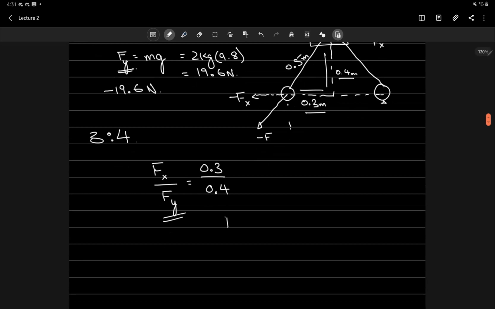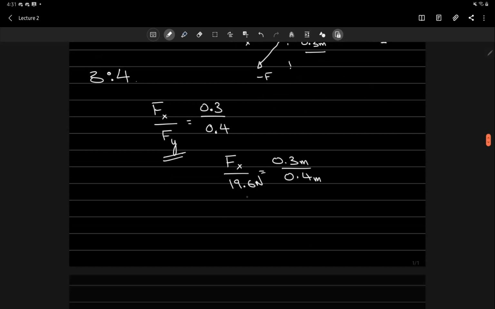So I'll substitute this 19.6 newtons in here, and set this equal to 0.3 meters over 0.4 meters. All I have to do is bring this over here, तो वो multiply हो जाएगा, तो Fx क्या आएगा हमारे पास? If you do this calculation, you get 14.7 newtons.